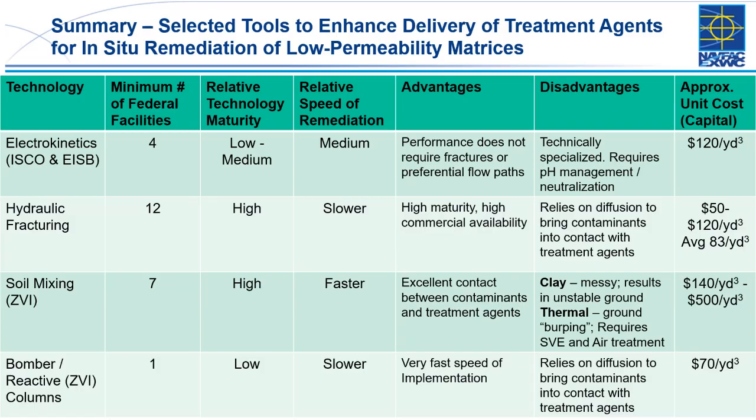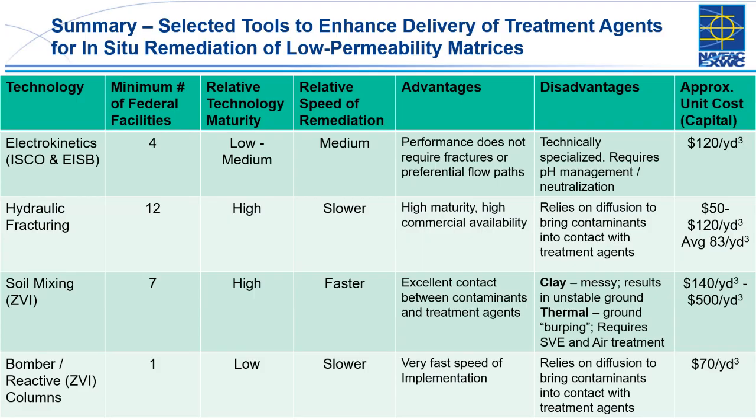The advantage is it doesn't require fractures or preferential flow paths; its performance is independent of those things. The disadvantage is that it's technically specialized, and it does require some pH management. Its unit treatment cost tends to be middle of the road. It's more expensive than hydraulic fracturing in some cases, but typically less expensive than soil mixing.